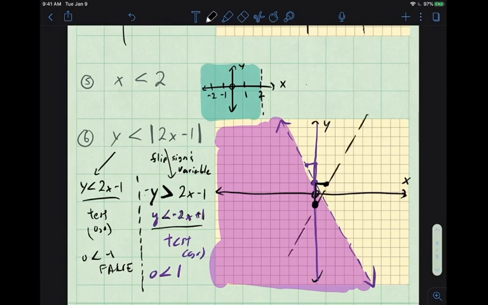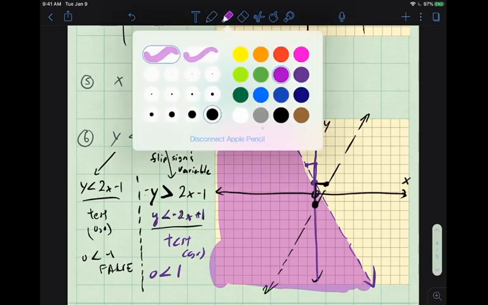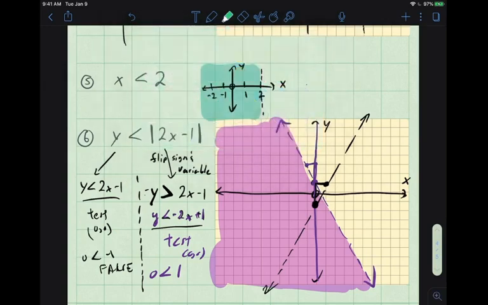It's also dashed because it is strictly less than sign. We notice we have an x, and now we already tried out 0, 0. In this case, we will shade in the line that doesn't include it, so that's going to be this side.